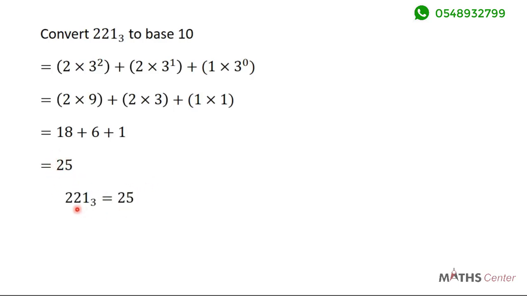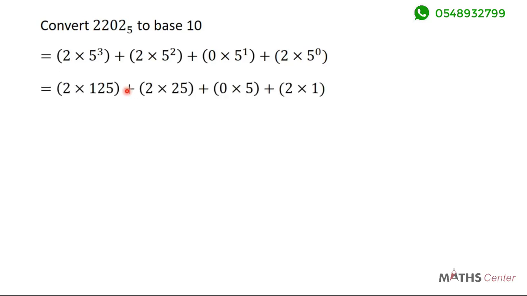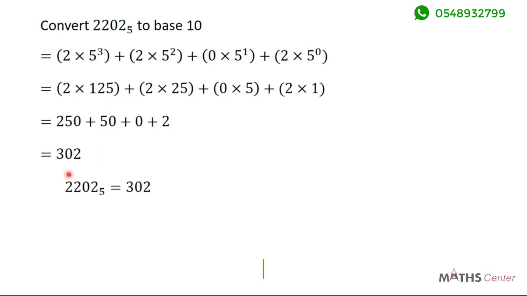So if you convert 221 base 3 to base 10, you get 25. Next, you convert 2202 base 5 to base 10. If you do that, we have already done that, and we got 302.